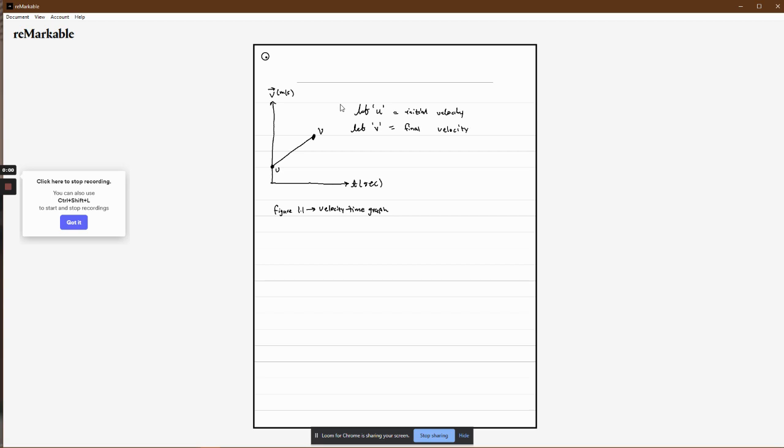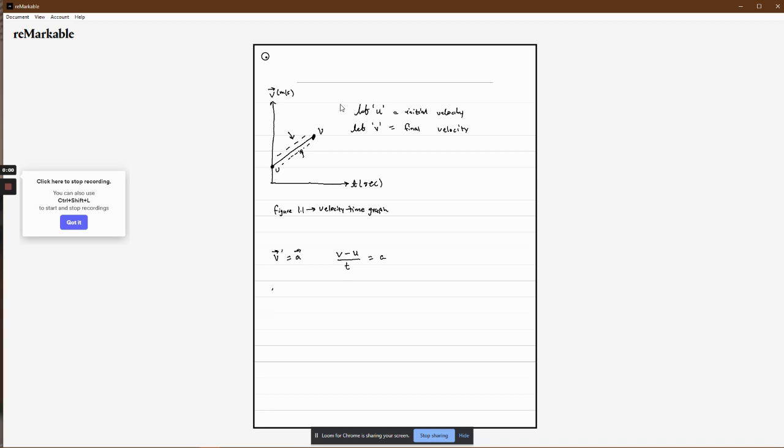Now, if you haven't already realized, a velocity time graph has a property where if you find the gradient of this line right here, it gives you the acceleration. So in this case, if we find the derivative, it gives us the acceleration, and we know that acceleration is a vector quantity. A derivative is the gradient of this line, so the gradient of this line would give us v minus u over the time, which is t, which gives us a.